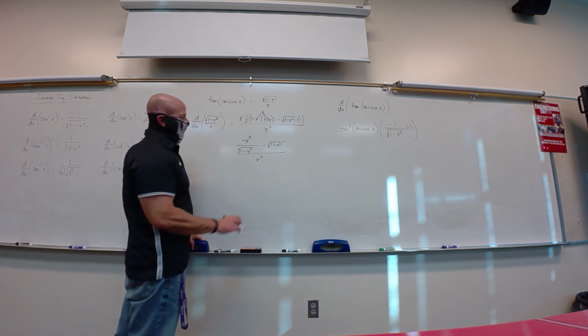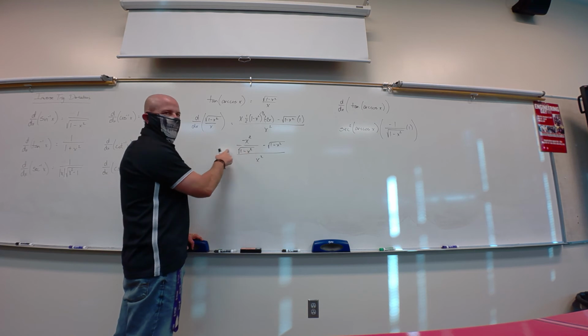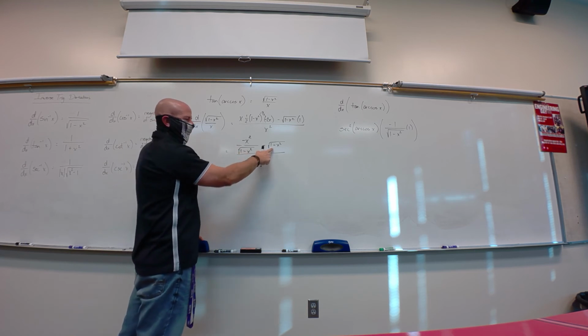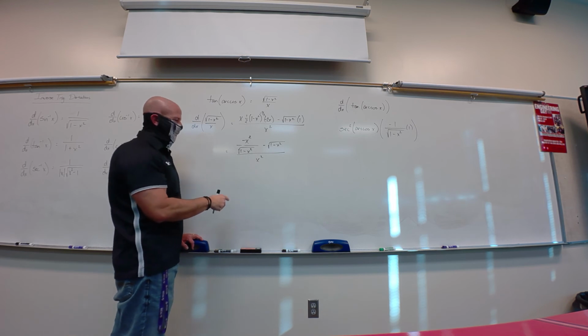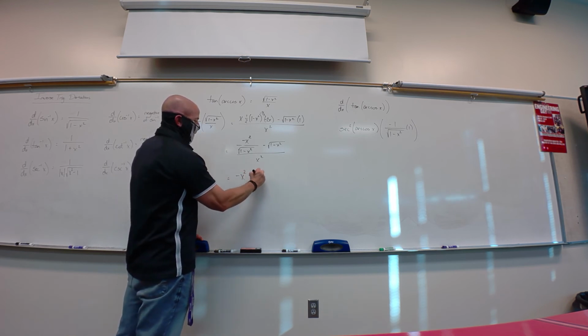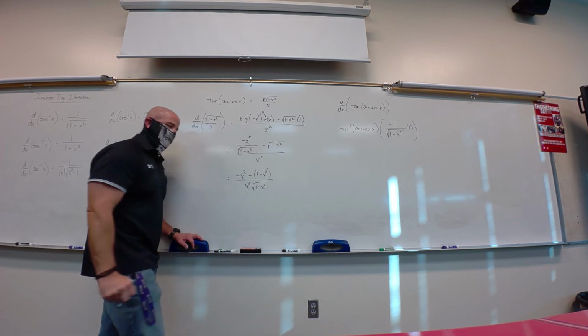I can clean this up a little bit. I can multiply everything by this denominator right here. So it would cancel here, be right here, and then be on the bottom. So I'd have negative x squared minus 1 minus x squared over x squared square root 1 minus x squared.